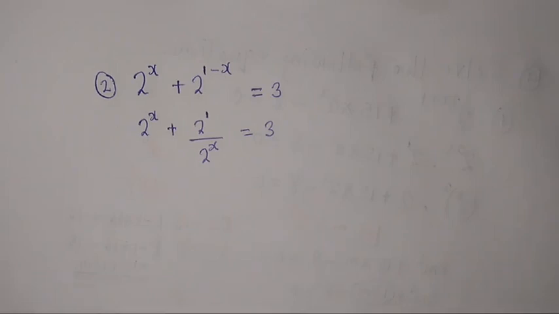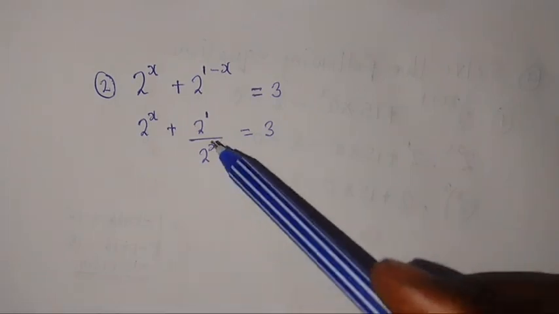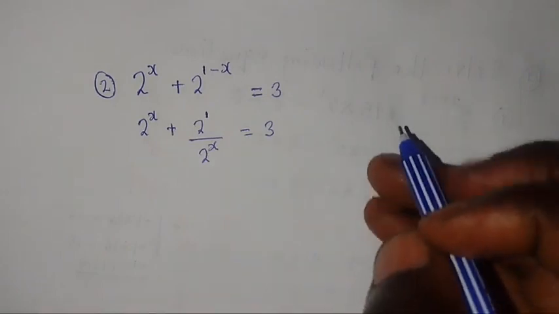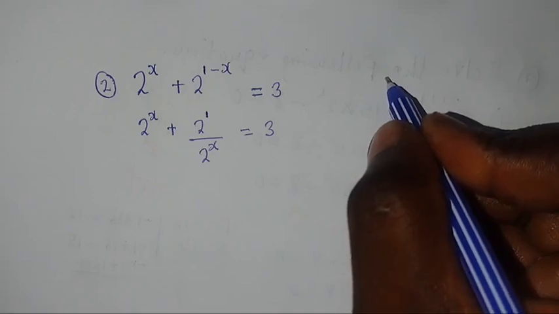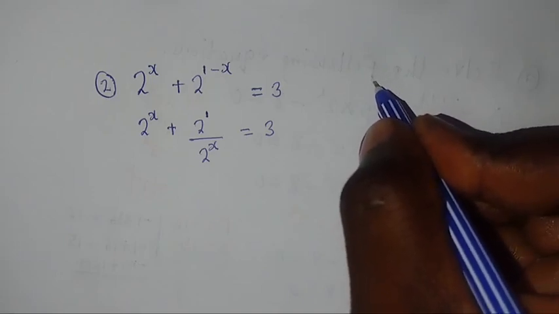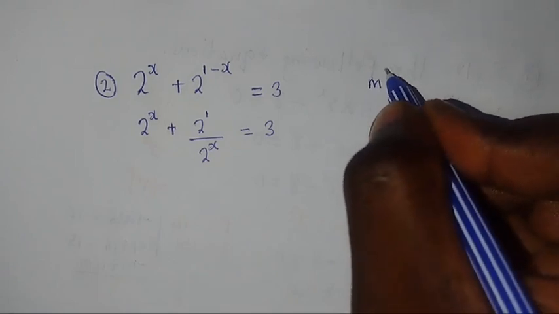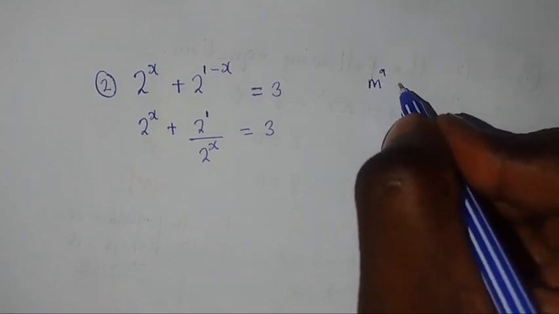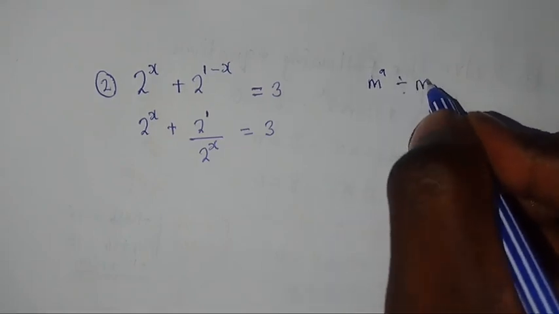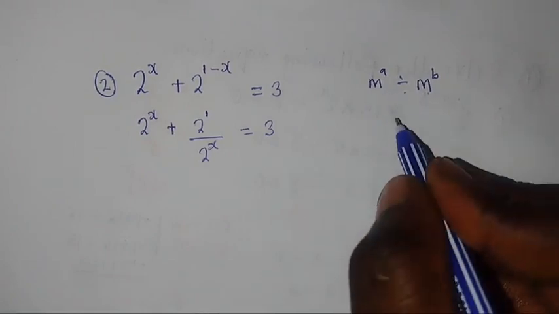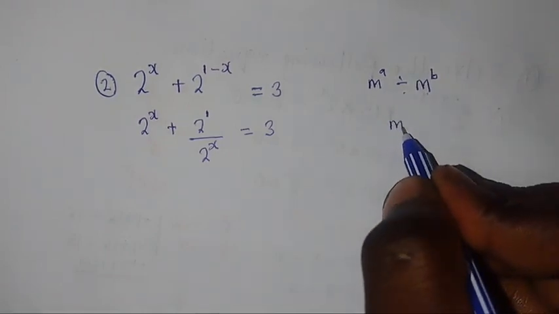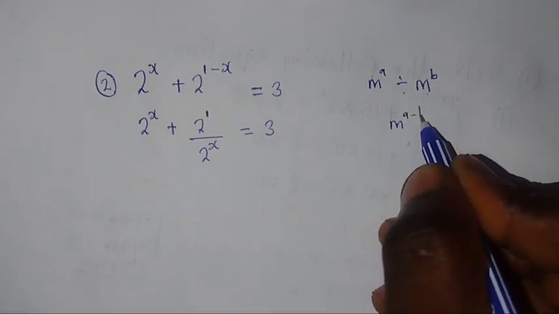Now where is this coming from? You understand that if you are dividing indices that have the same bases, for example, m raised to the power of a divided by m raised to the power of b, the bases are the same, so you just say m, and you get the powers a minus b.